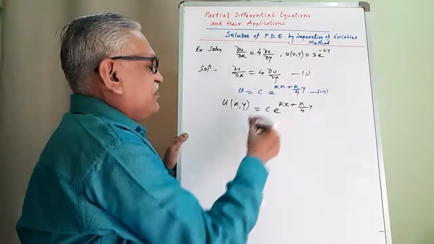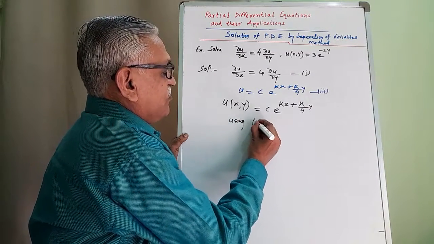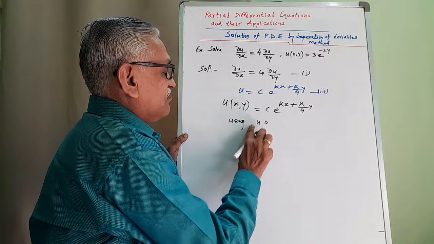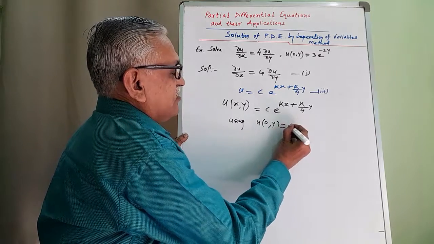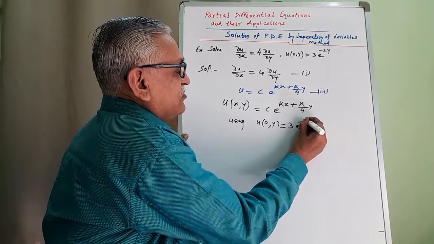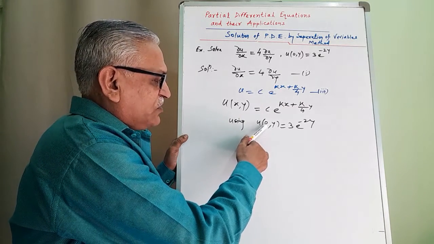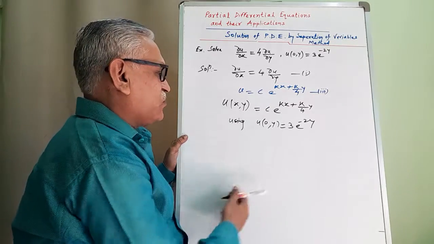Then using the condition u(0, y) = 3e^(-2y), it means we put x = 0, and the value of u is 3e^(-2y).